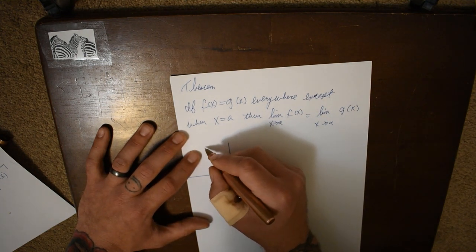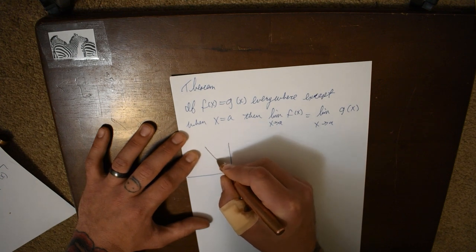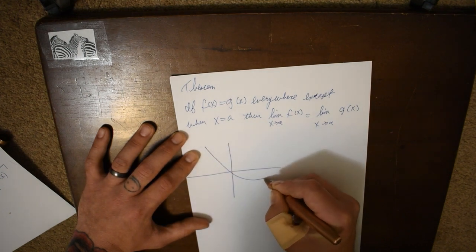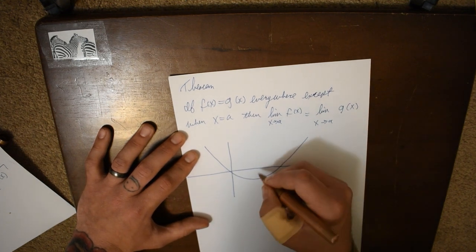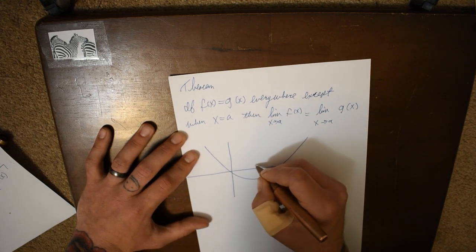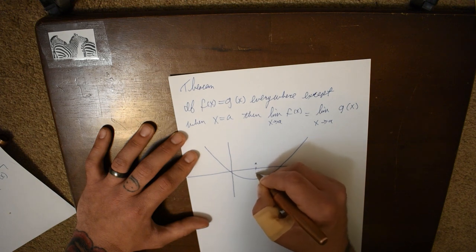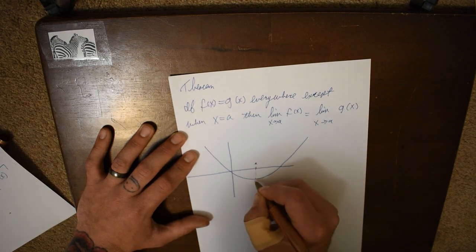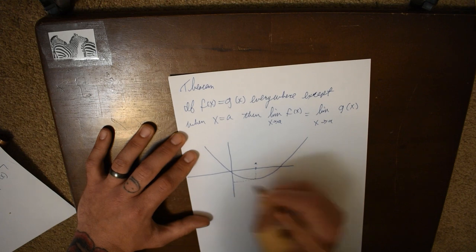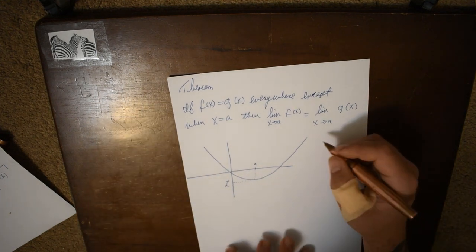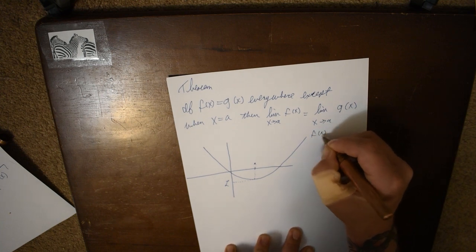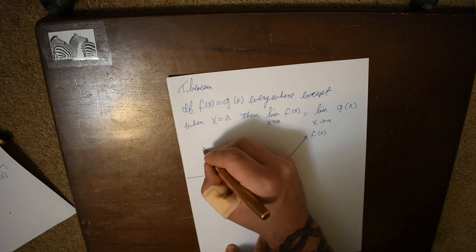F of x is going to be this parabola. We're going to call this point a, and we're going to call this value capital L. And this is our f of x in blue pen.